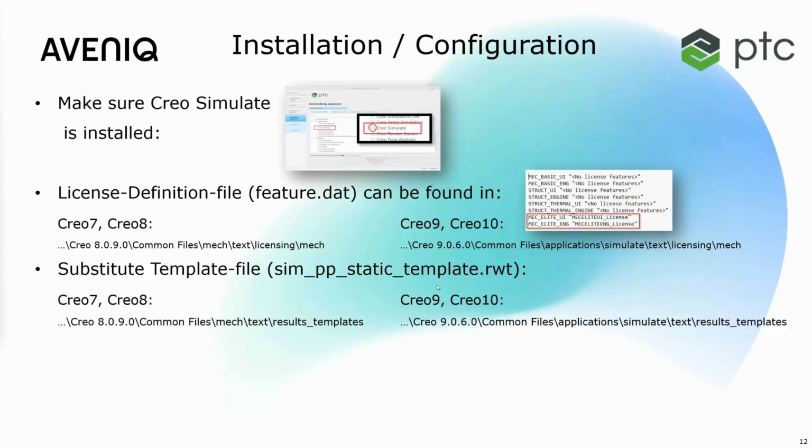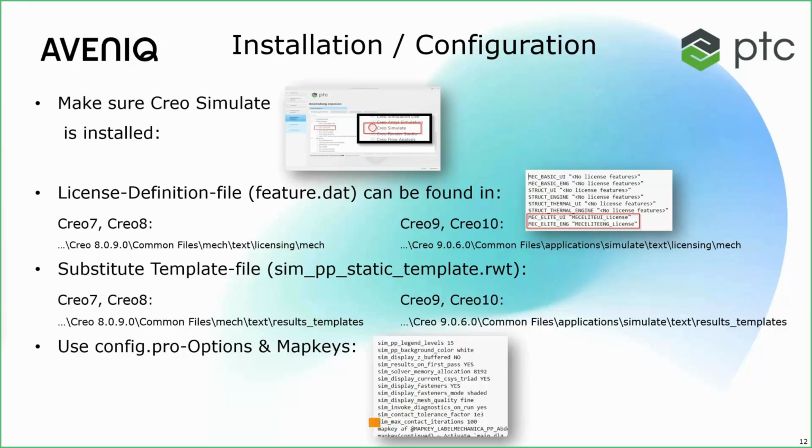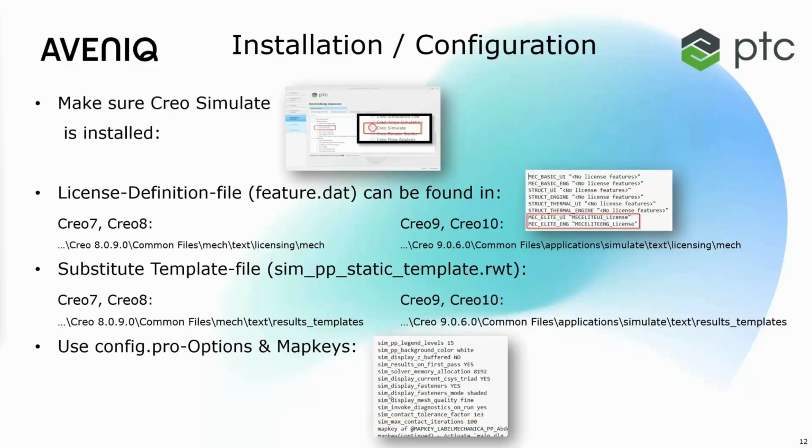If you need that file, you can send me an email. And of course, it would make sense to have some special config.pro options and maybe also some mapkeys to speed up the process in Creo Simulation Elite. If you need that file, send me an email too.